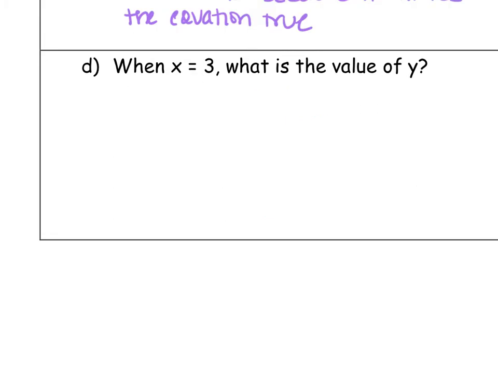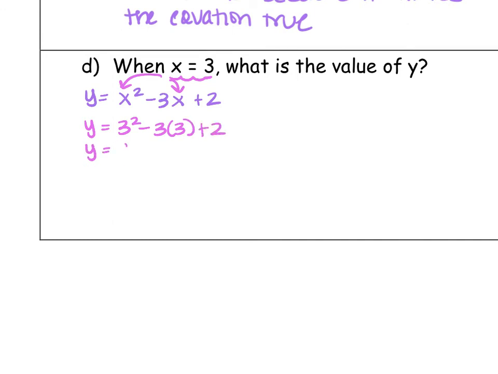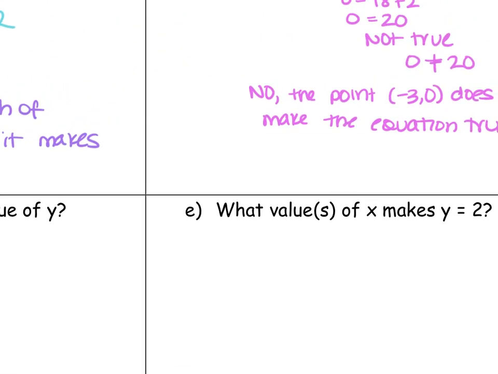This next question asks, when x equals 3, what is the value of y? So in x squared minus 3x plus 2, I'll plug 3 in for x. y is equal to 3 squared minus 3 times 3 plus 2. 3 squared is 9. 3 times 3 is 9. Plus 2. 9 minus 9 is 0, and 0 plus 2 is 2. So when x equals 3, the value of y is 2. We could have looked at the graph for that, though.